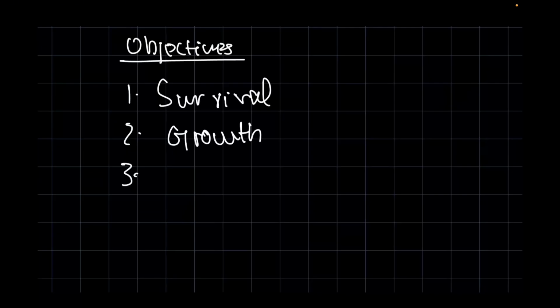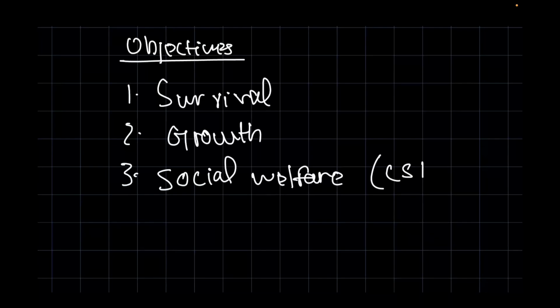And then we have another important objective, which is social welfare, also referred to as corporate social responsibility, CSR, which is basically when firms try and contribute to society in order to promote social welfare, mitigating the costs that they have imposed on society.